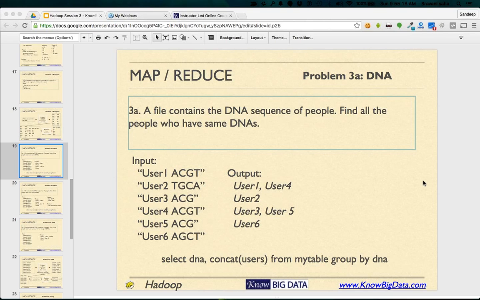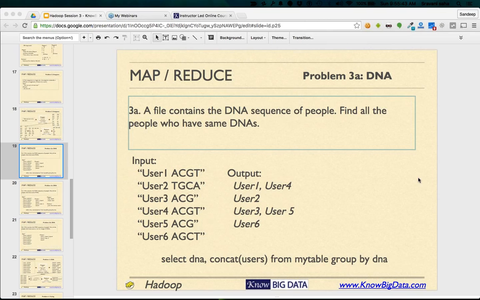Carlos says the mapper keys DNA and reduces for distinct. Brilliant. The reducer is for distinct. That's correct. Carlos, good, good. Dilsa says key is DNA and value user ID. Not much work for the reducer. All right.